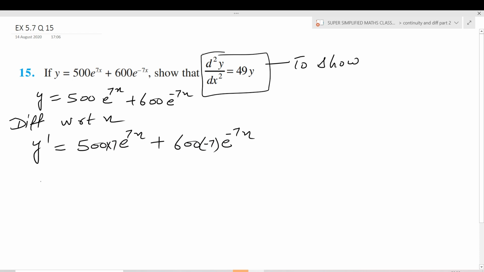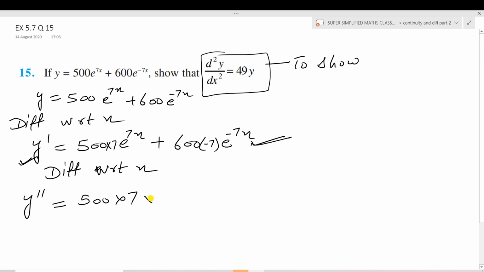Now we differentiate this equation again. So differentiating again with respect to x, derivative of y dash will be y double dash, and 500 is a constant, 7 is a constant, so we copy them and we write the derivative of e7x, which is e7x into 7.